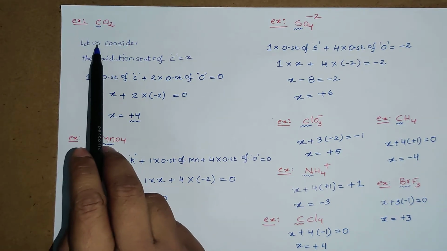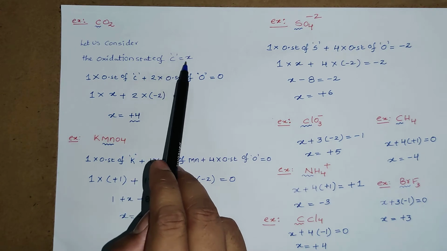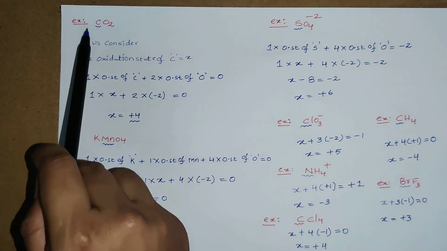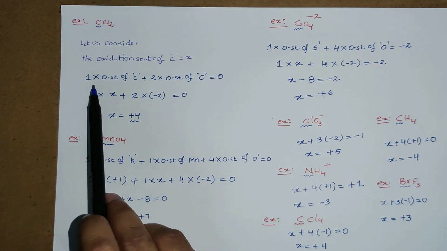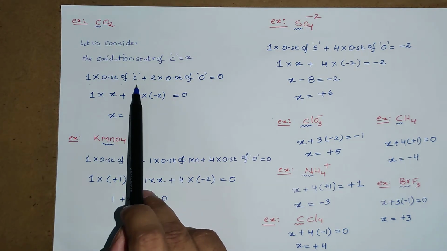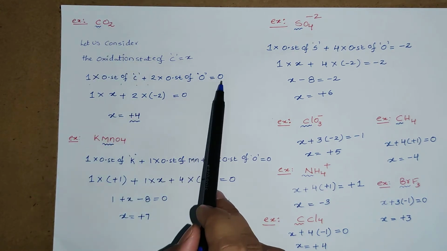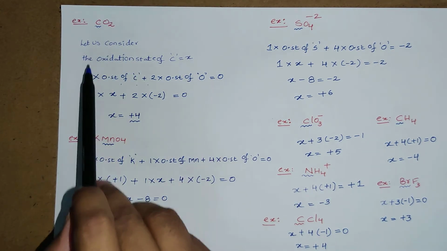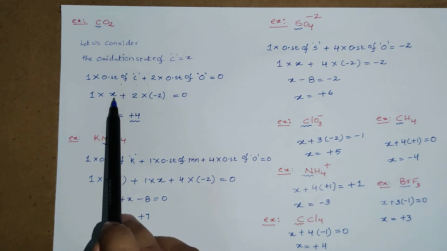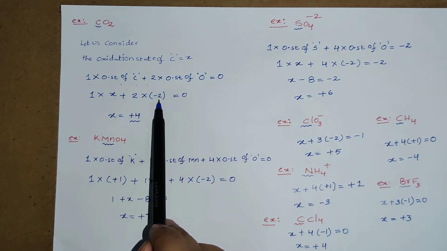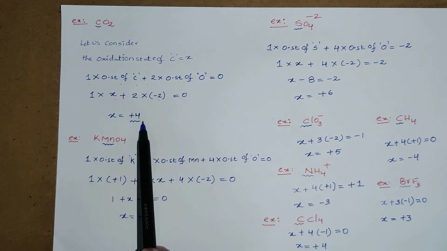So let us take the oxidation state of carbon as X. According to the rule, the sum of the oxidation state of all the atoms is equal to 0 because it is a neutral molecule. 1 into oxidation state of carbon plus 2 into oxidation state of oxygen is equal to 0. We need to calculate the oxidation state of carbon, that is X. 1 into X plus 2 into oxidation state of oxygen, minus 2, is equal to 0, then X is equal to plus 4.